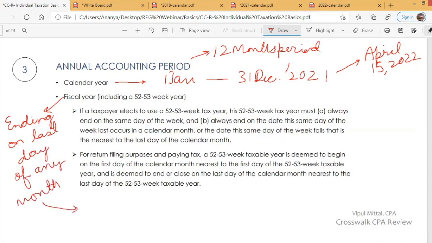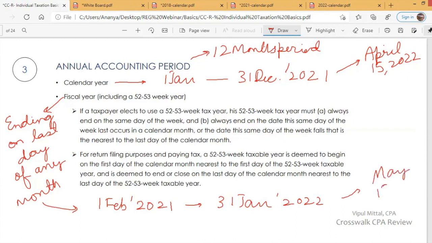So your fiscal year may start from 1st of February 2021 and end on 31st January 2022, and you file your tax return by May 15th, 2022.